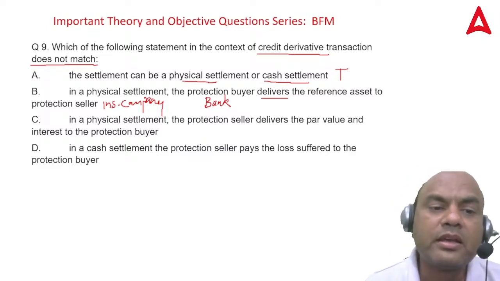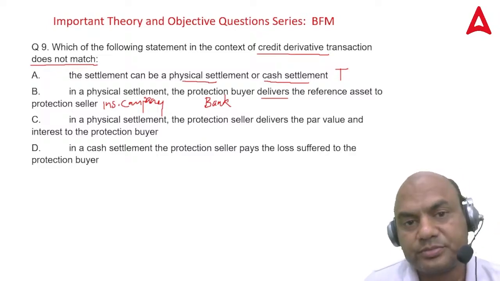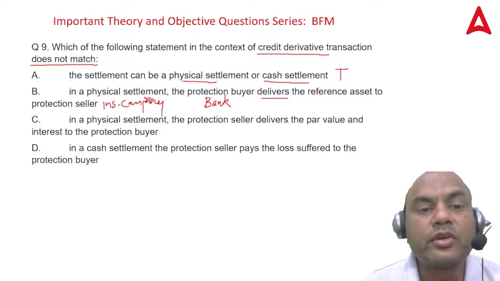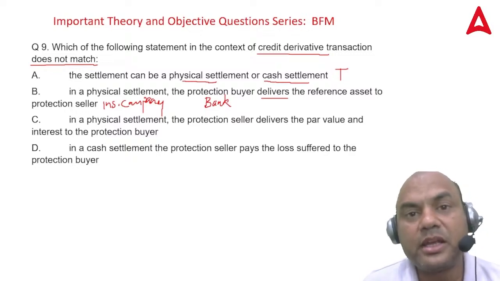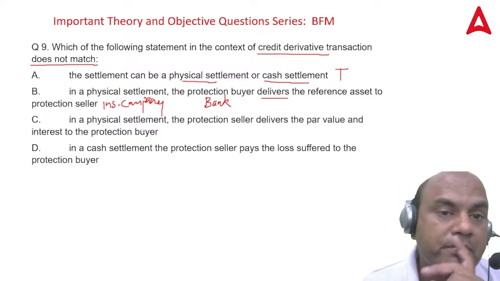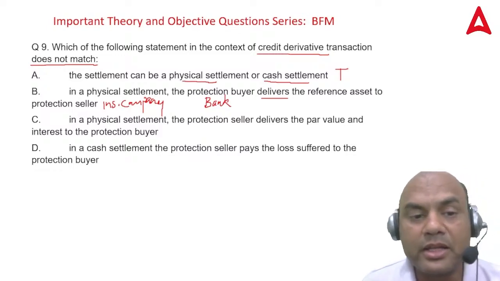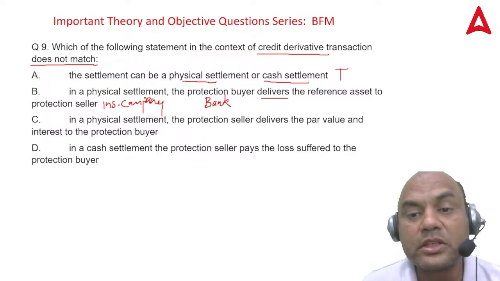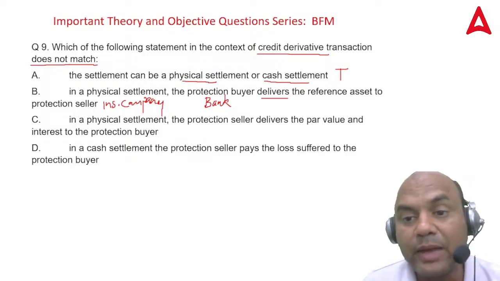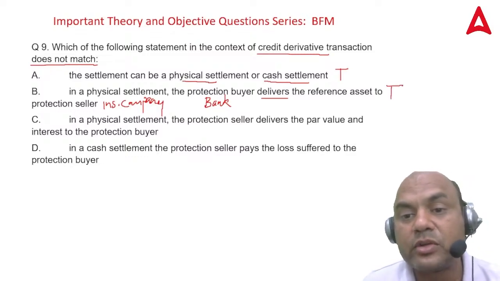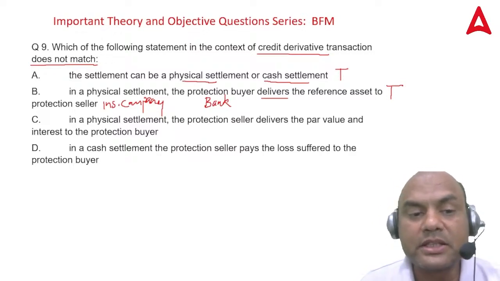Whoever company gives you the protection. It can be a separate insurance company, a separate risk buyer company, underwriter company, it can be anything. So this is also true, because the bank will have the asset and will give it to that protection seller.